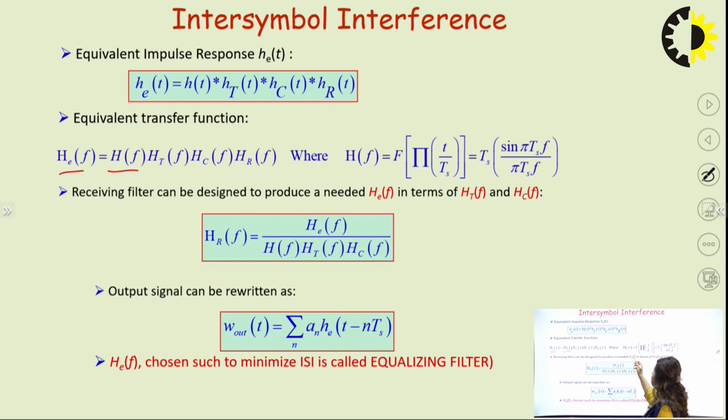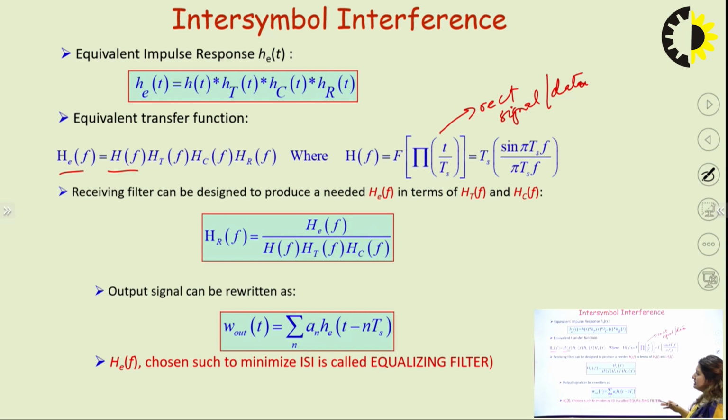where H(f) is the Fourier transform of the rect signal, rect(t/T_s). This is the rect signal, the data which you have sent from the transmitter.